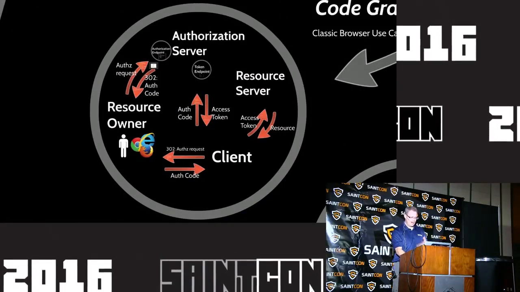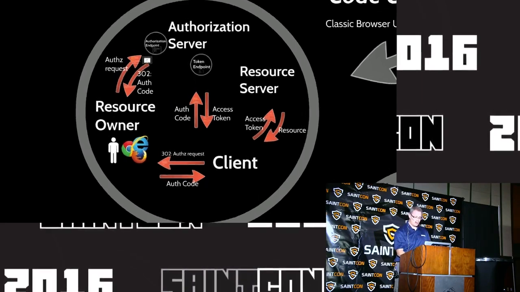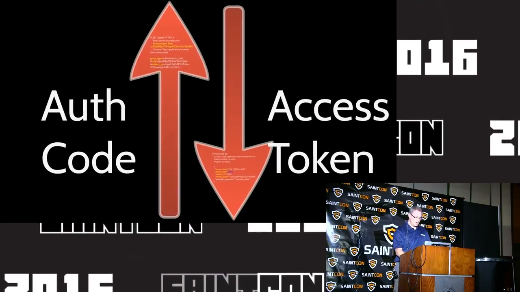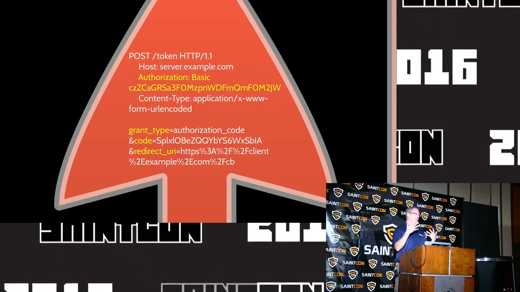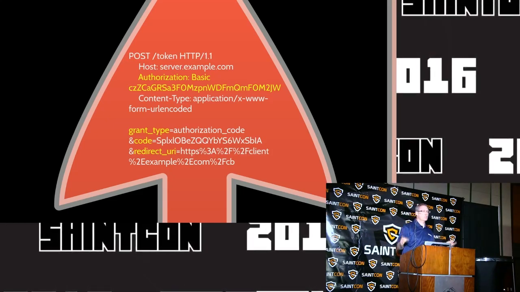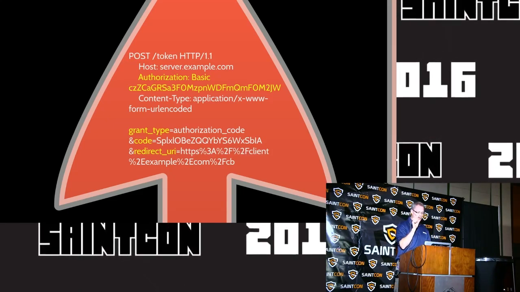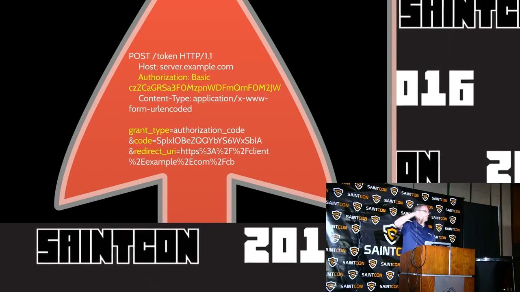So the client now has this auth code, and it exchanges this with the authorization server like this. So I have a basic authorization header, which is kind of nice, so that you can authenticate the client. It's optional. You don't need to, because he has that authorization code, he can use that to exchange it.